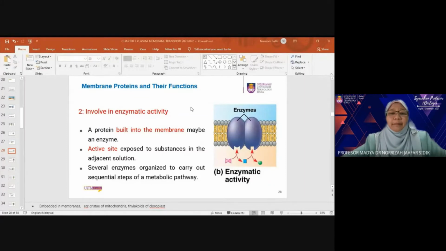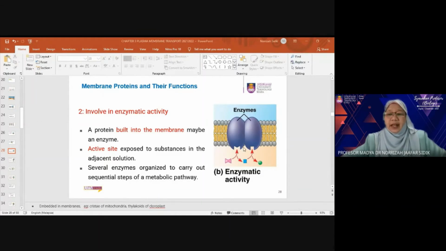Now we look at the membrane protein which is involved in enzymatic activity. So this protein is built into a membrane, maybe an enzyme. You can see here there is an active site. The substrate will enter the active site of the enzyme, and then leave the active site.